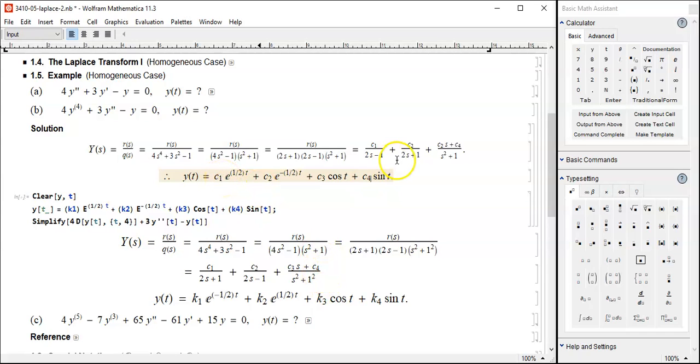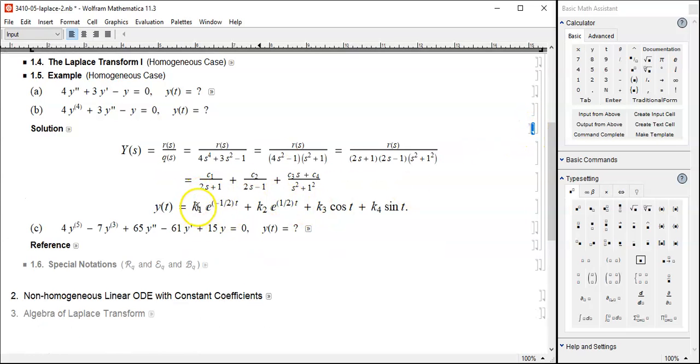But here, I just took a slightly better approach and changed c into k. It's an arbitrary constant, to be determined. They don't have to be the same.